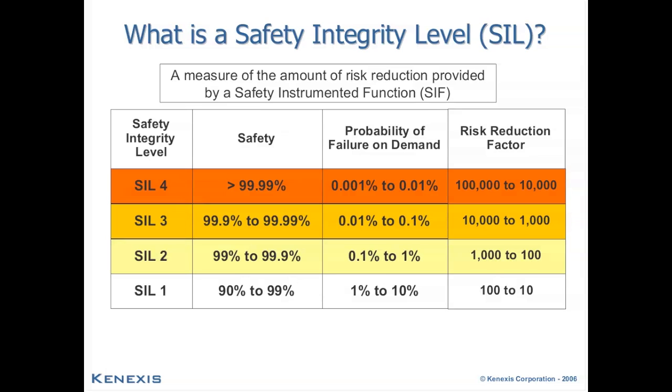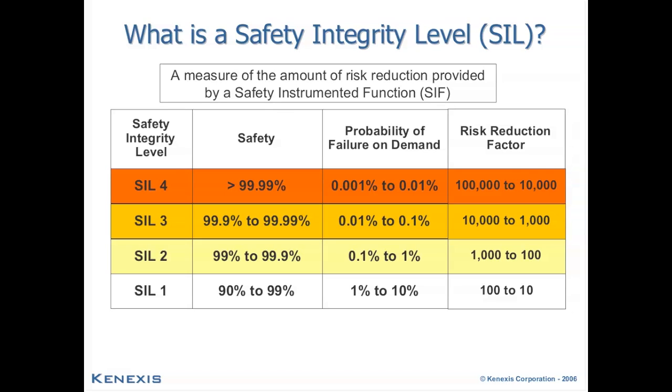A SIL 2 has a safety availability of at least 99%, up to 99.9%, will fail no more than 1% of the time, and provides a risk reduction factor of at least 100. SIL 3 provides at least a safety availability of 99.9% and a risk reduction factor of at least 1,000.